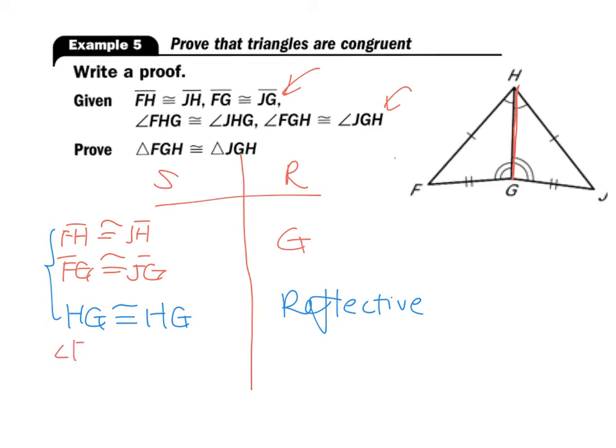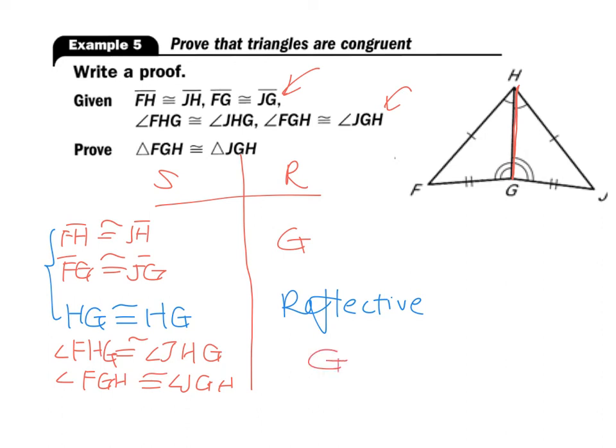And then the next ones that are given are the angles. Angle FHG and angle JHG are congruent, angle FGH and angle JGH. So two sets of angles are congruent, and that's given.